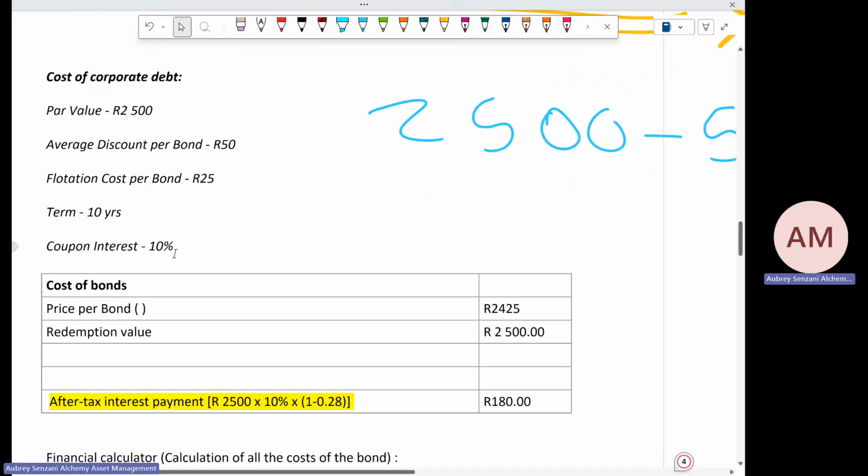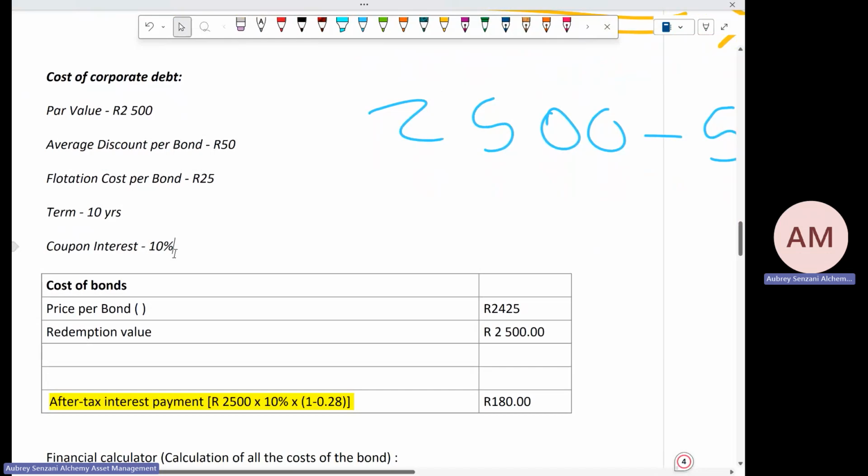So 0.72 times 250, and that's how we're getting this 180. Everybody happy there? So every single year, to my bond holder, we're paying 180. Very nice investment. You can do a lot with 180. It's changing your life.